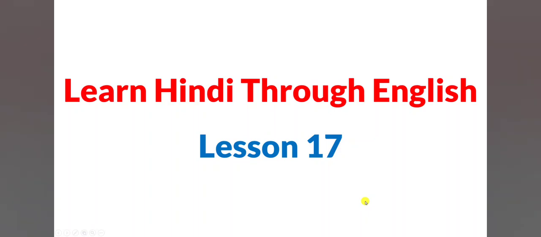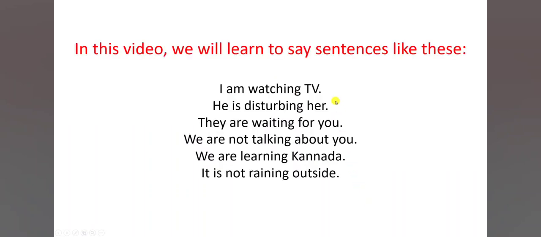Hello and welcome. This is lesson 17 of Learn Hindi through English series, and in this lesson we will learn to frame sentences like these in Hindi. Alright? These are of present continuous tense.